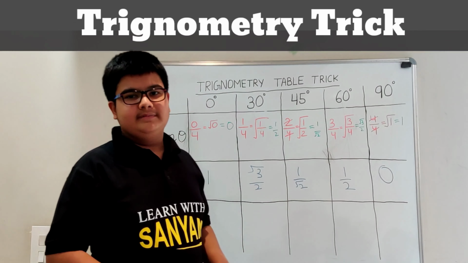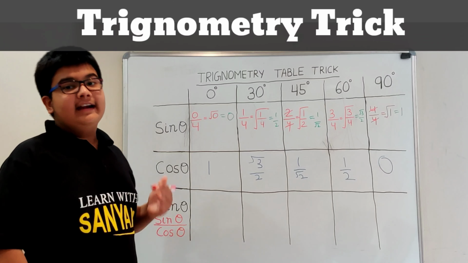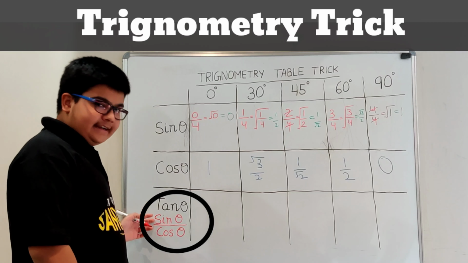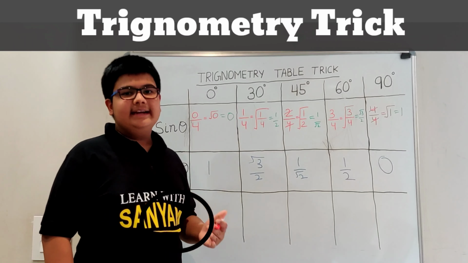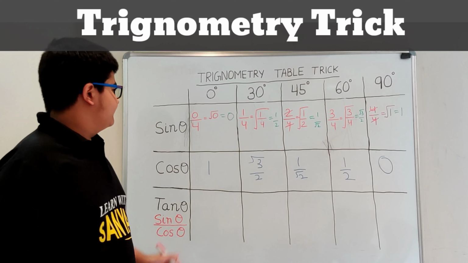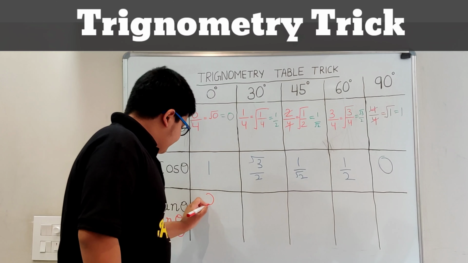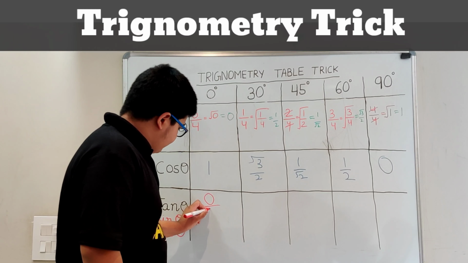Now for the values of tan theta, we know that tan theta is equal to sine theta upon cos theta. So for finding the values of tan theta, we have to do sine theta divided by cos theta. For tan 0, we will take sine 0, which is 0, divided by cos 0, which is 1.